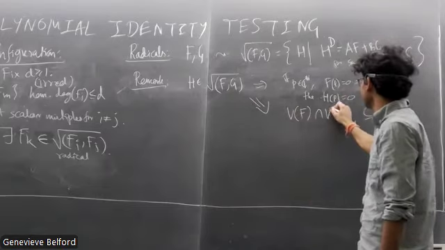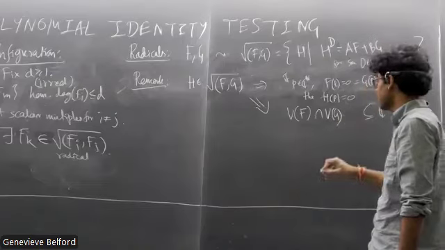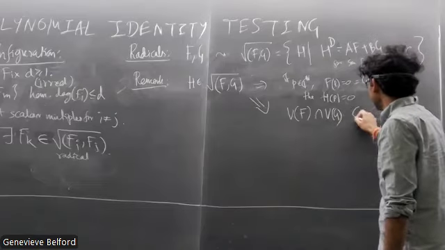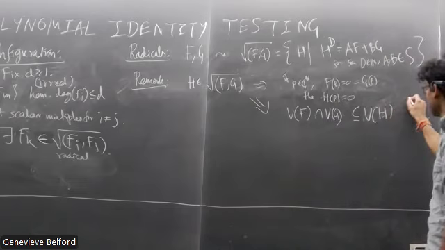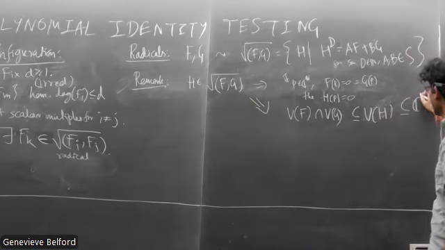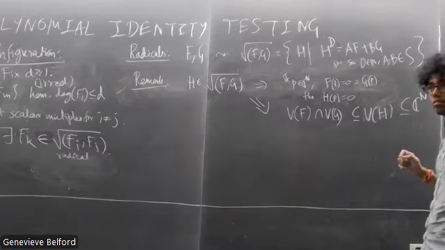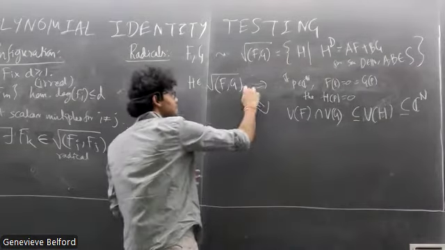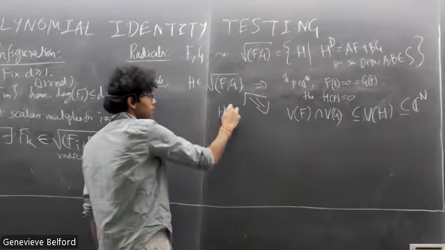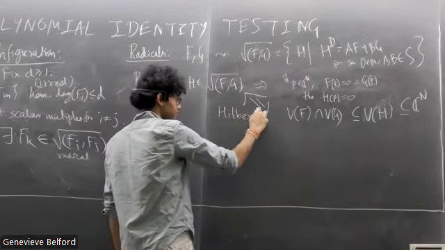So the intersection of V(f) and V(g) is contained inside the zero set of h. All of this is happening inside the ambient space C^n. Okay, so this is one implication, but the interesting thing is that this is also an equivalence, due to Hilbert's Nullstellensatz.